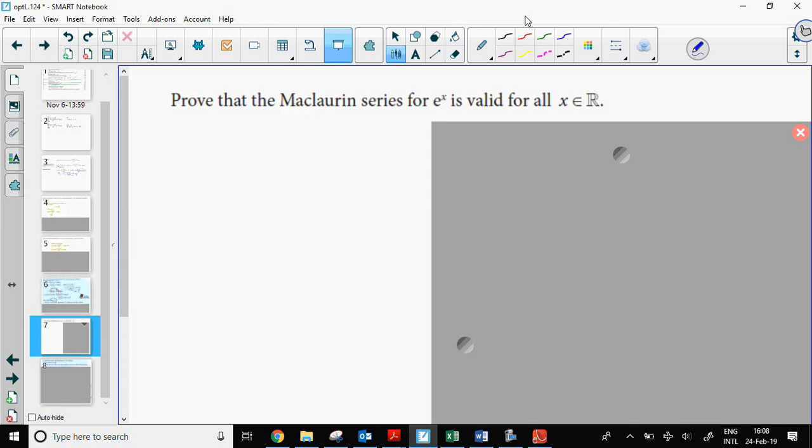The way that I would probably do it is I would just show that the interval of convergence for this particular function is infinite. And again, we can do that by using the ratio test. We're going to calculate the limit as n approaches infinity of x to the n plus 1 over n plus 1 factorial times n factorial over x to the n.